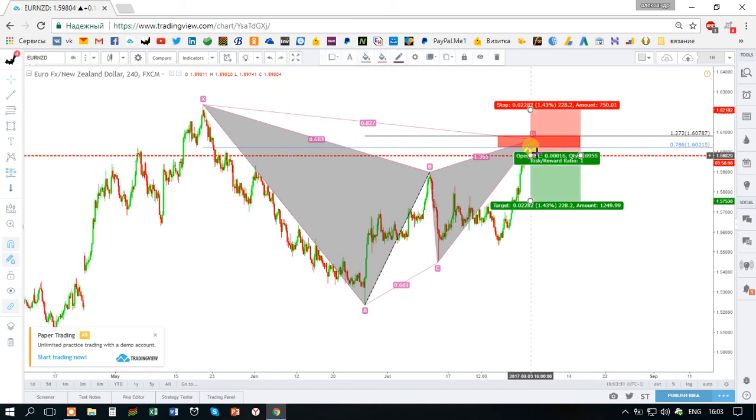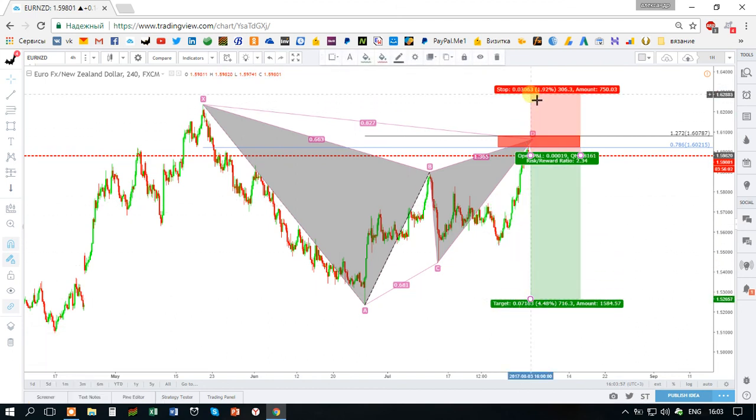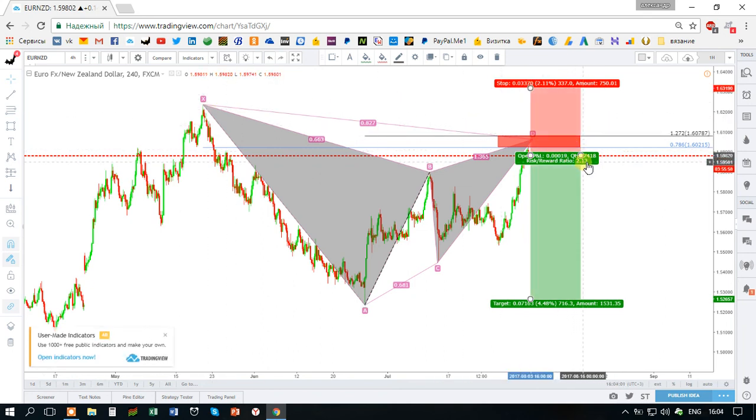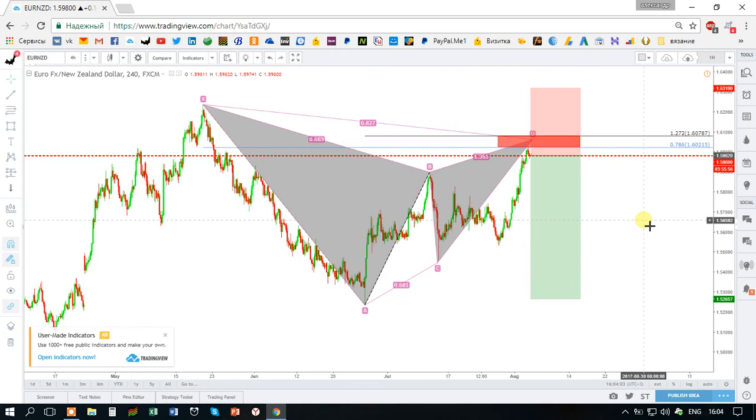If I start from here and my target is this, and my stop loss is above X, I actually have 2-to-1 risk to reward. So guys, that's the opportunity that I'm looking at, looking for some entries within this rectangle.